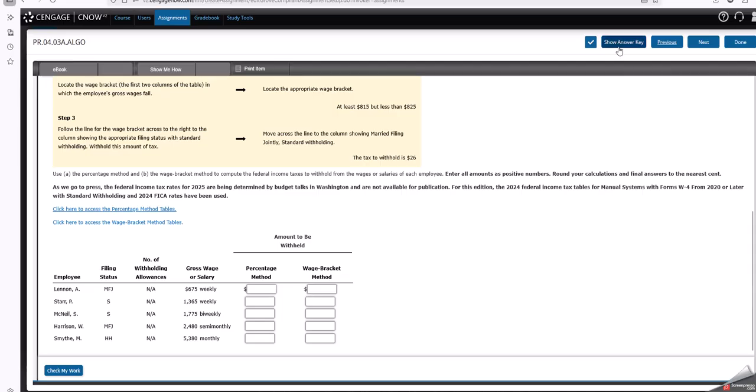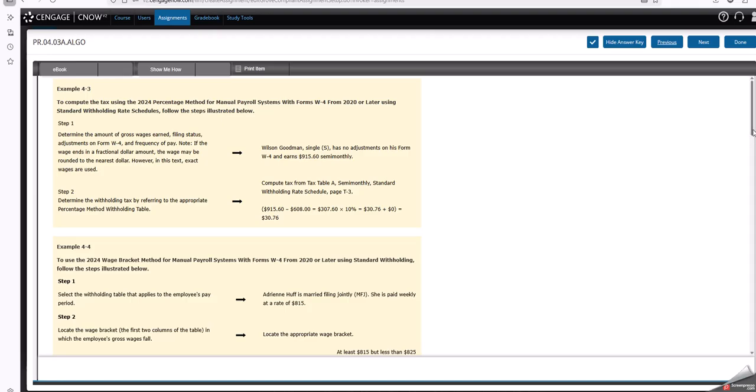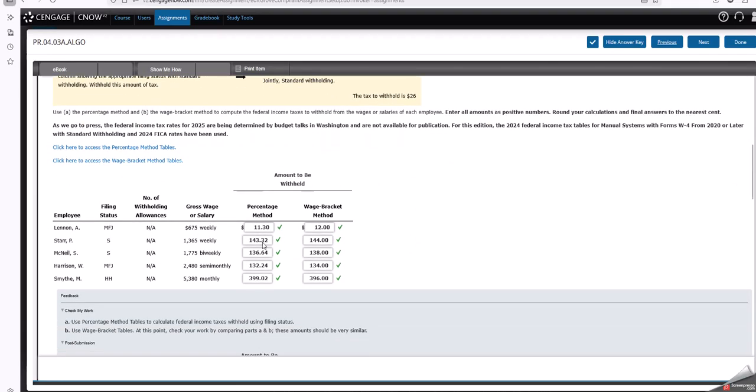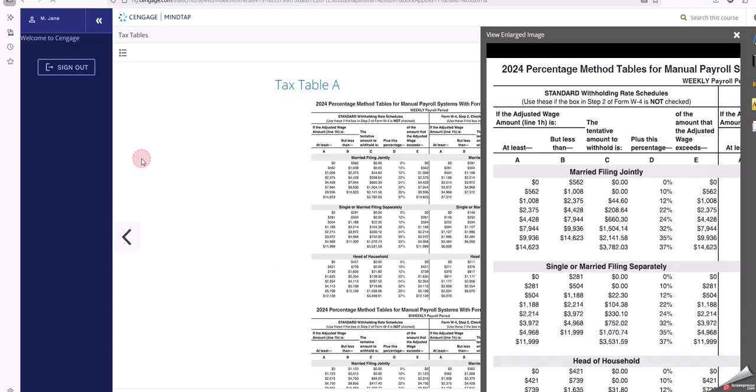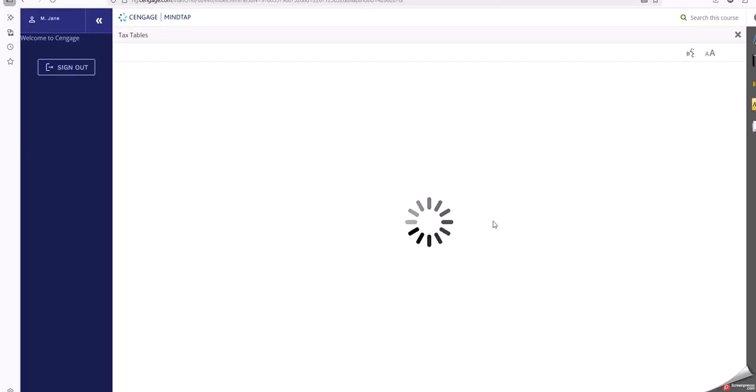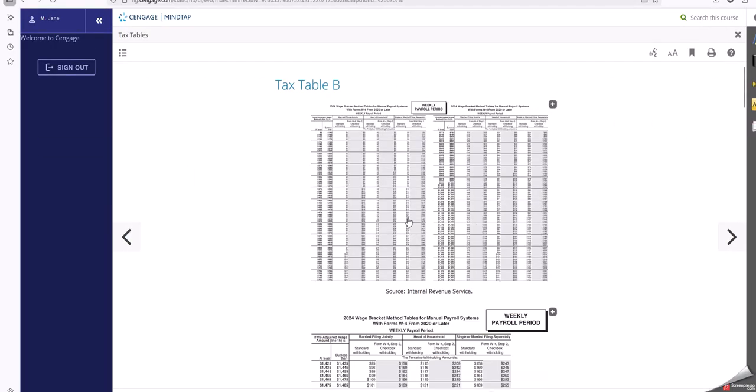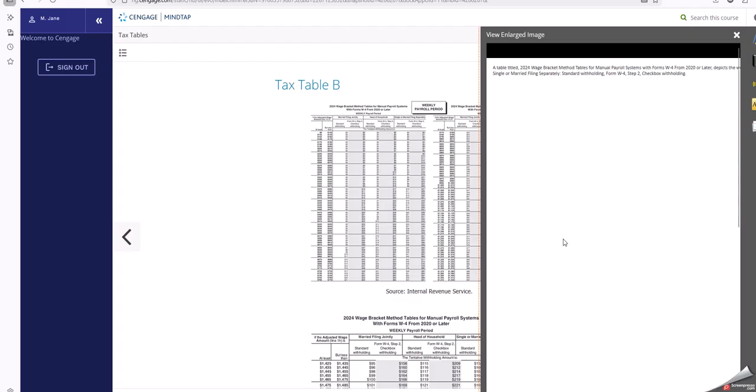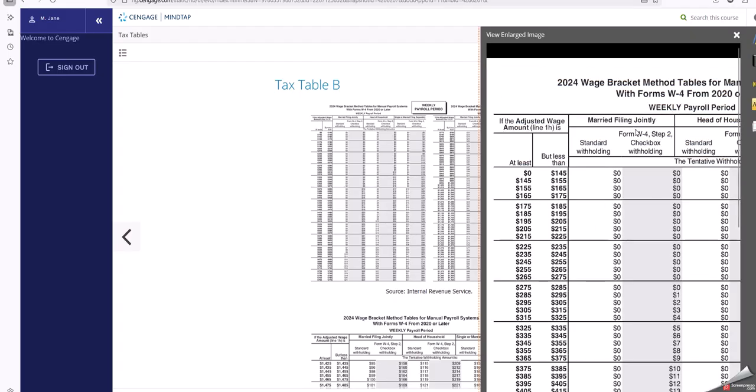In that first one. So I guess maybe I'll just pop it open and show it, because then we'll go in there. So $11.30. Then we'll go to the wage bracket. So again, remember the 675 married filing jointly. It's weekly, married filing jointly, and 675.